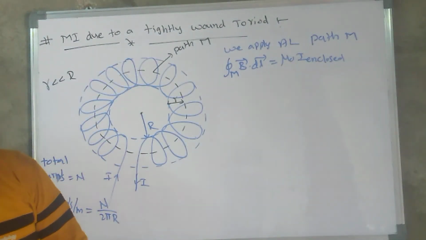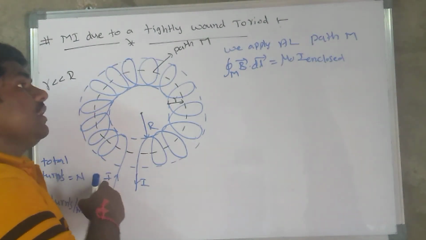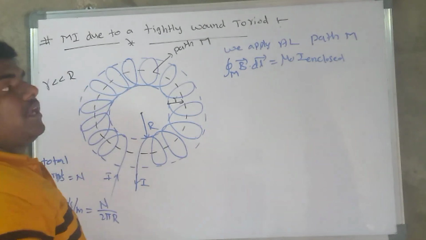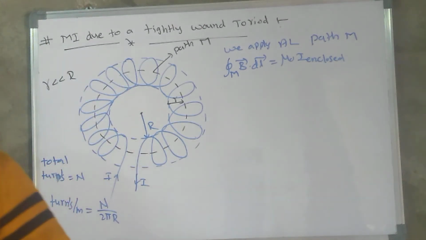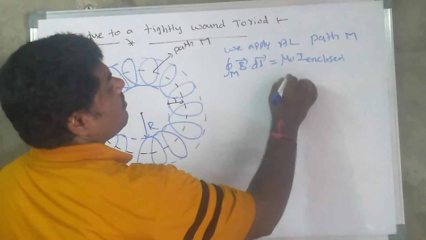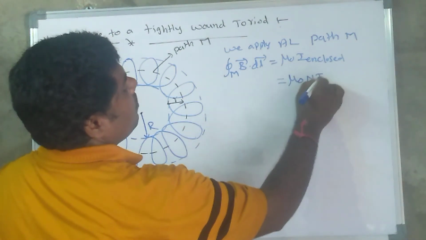Here the current is I, and any number of loops is there. I enclosed is equal to N into I. So this value is nothing but mu naught into N into I.